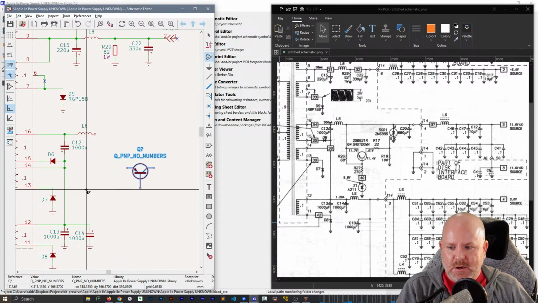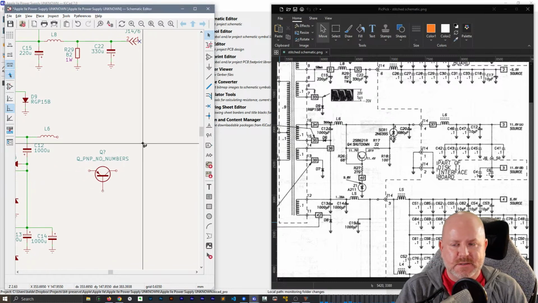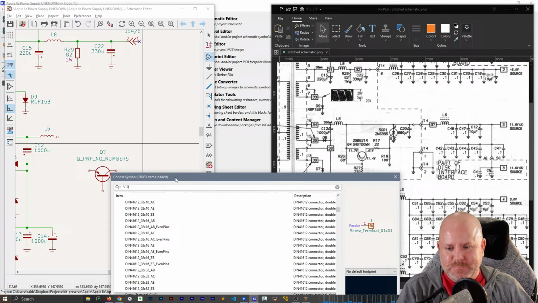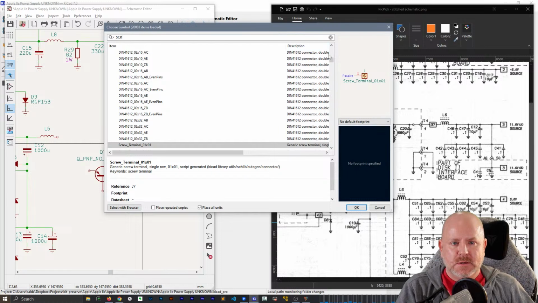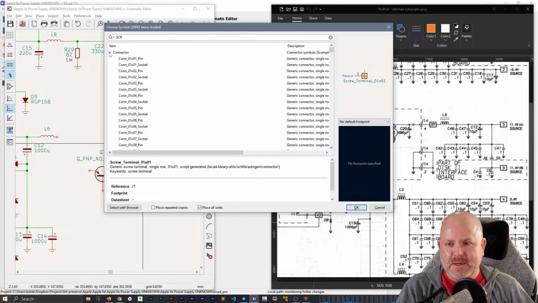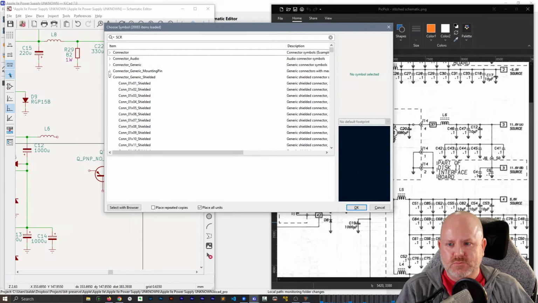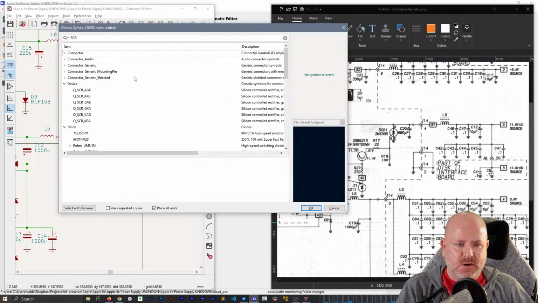All right. So then let's look for an SCR. I don't want a screw. I don't want a connector. Audio. I feel like in Device, there should be an SCR.